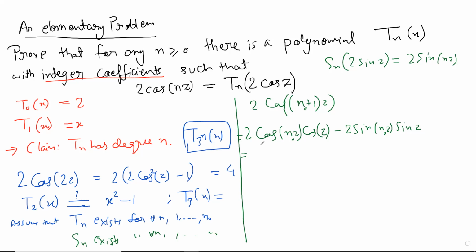So it is simply just induction. We just use the assumption, right? So this will just be Tn 2 cos z, and then there is a cos z again, minus Sn 2 sine z, and there is a sine z again.